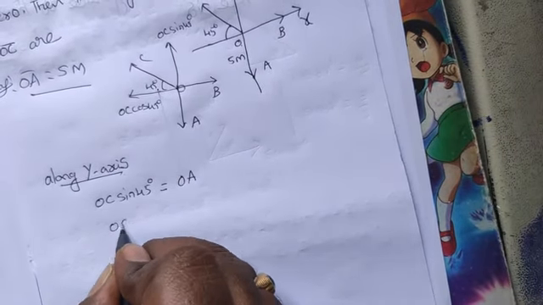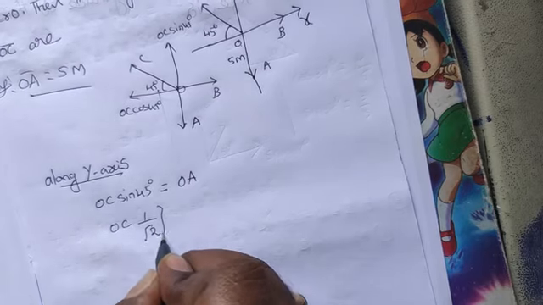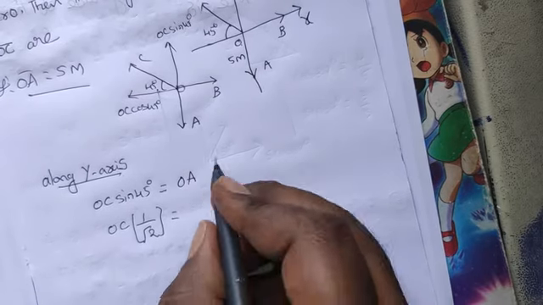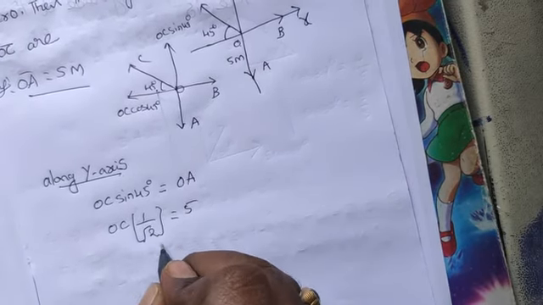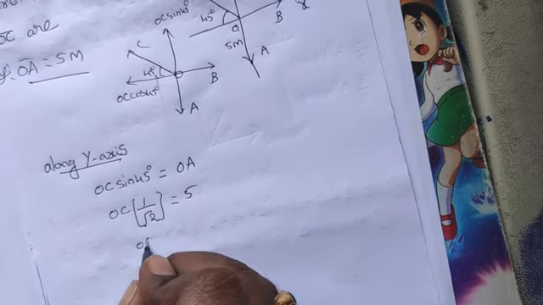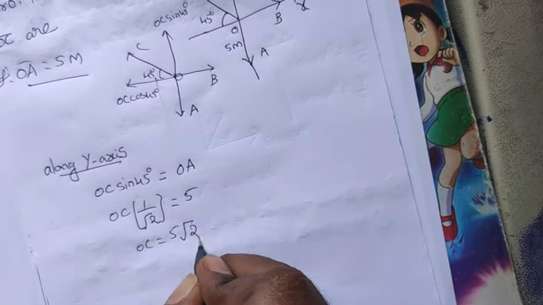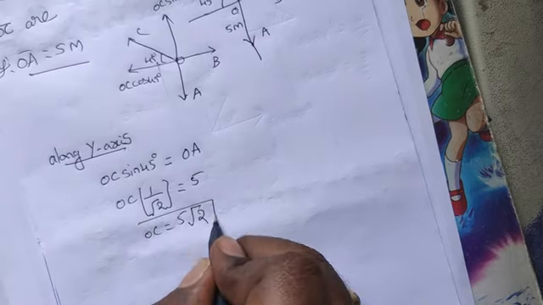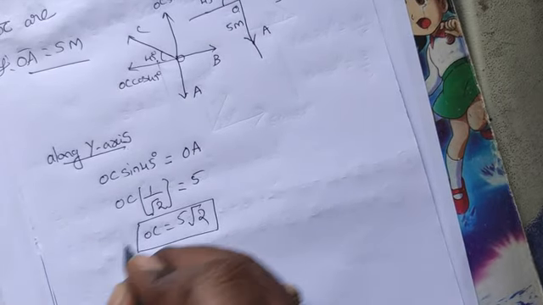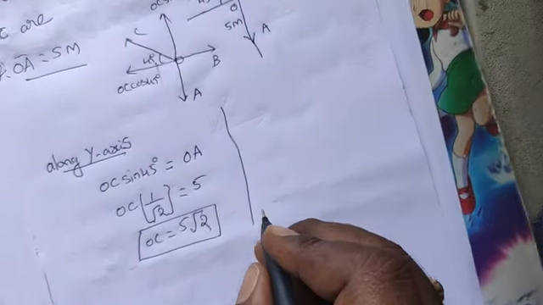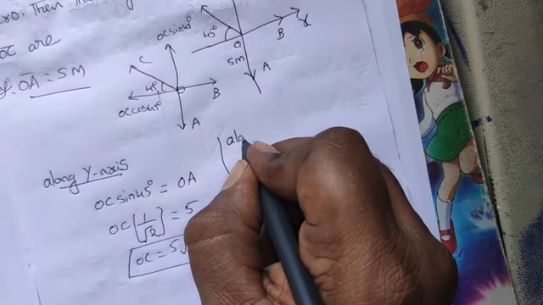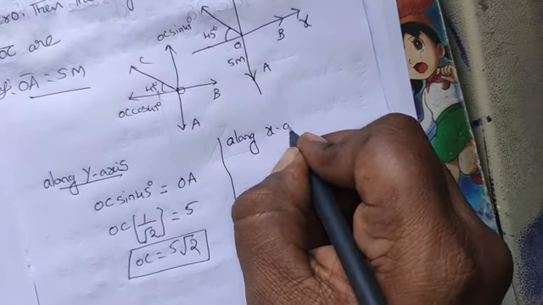So OC times sin 45, whose value is 1 by root 2, equals 5. If you shift root 2 to this side, what do we get? 5 root 2. We get the OC value. Next go for along the x-axis.